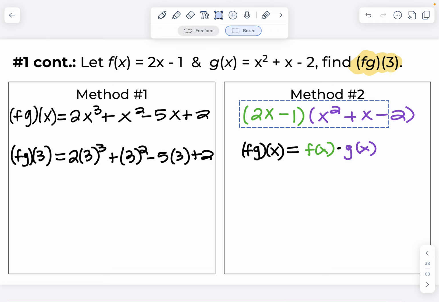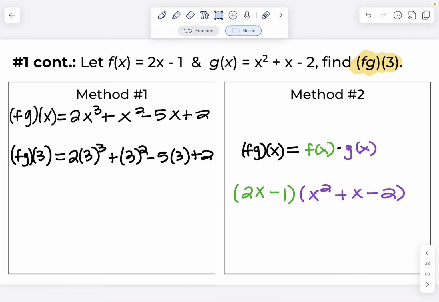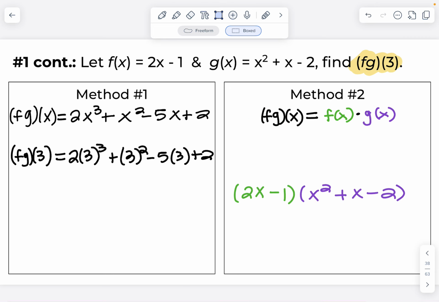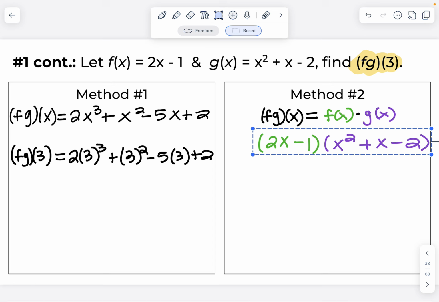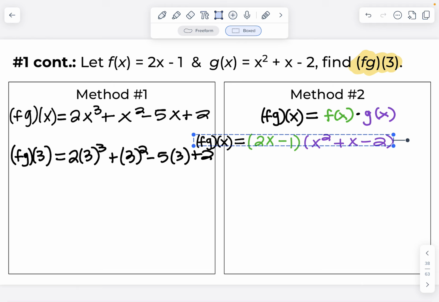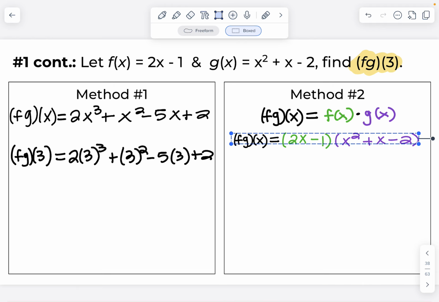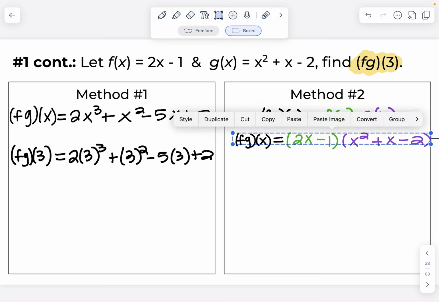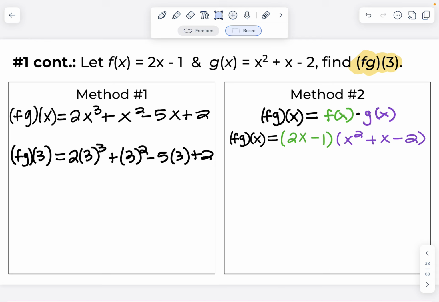So what we can do is, again, look at it in the pieces. I should have made these boxes horizontal instead of vertical. I can take this and, instead of everywhere I see an x, I can plug in a 3.